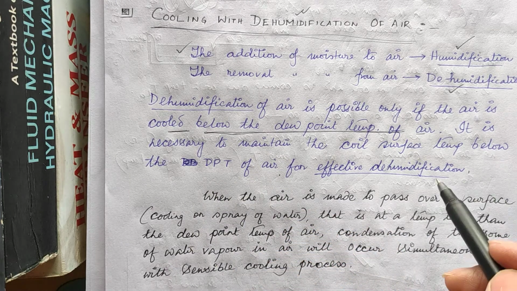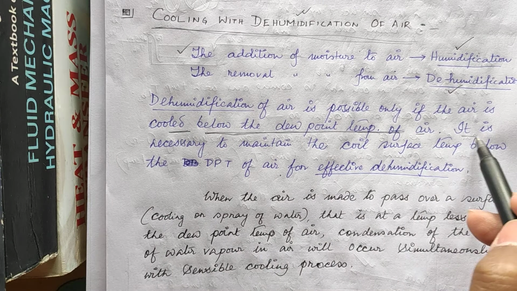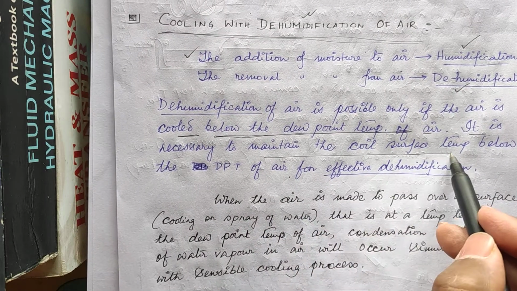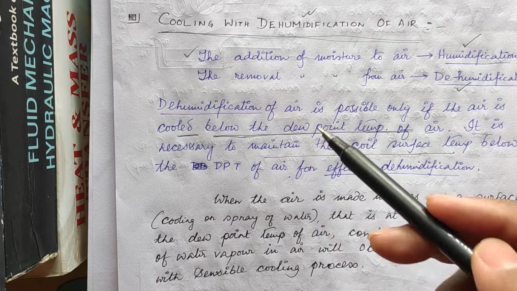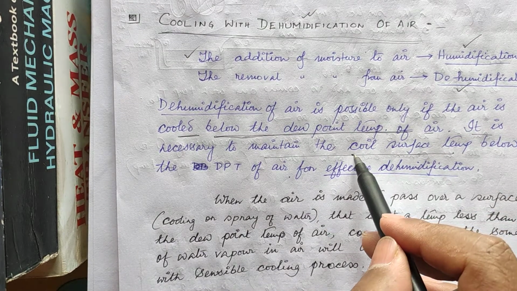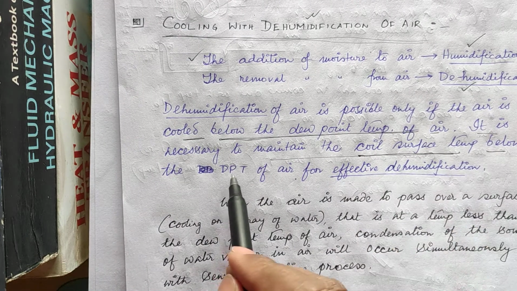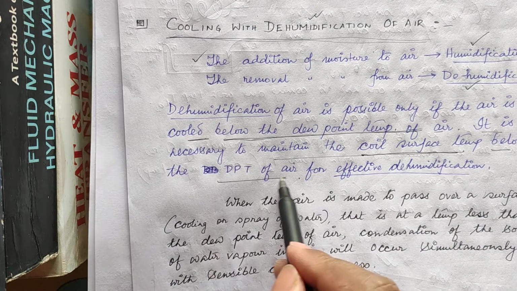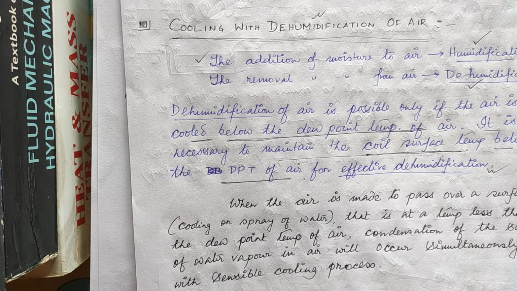For effective dehumidification, it is necessary to maintain the coil surface temperature, that means if we use a dehumidifier coil for removal of the moisture from the air, then the coil surface temperature must be below the dew point temperature of the air.